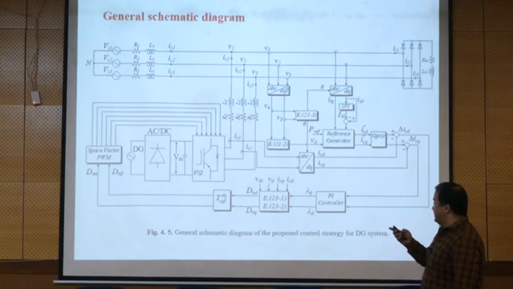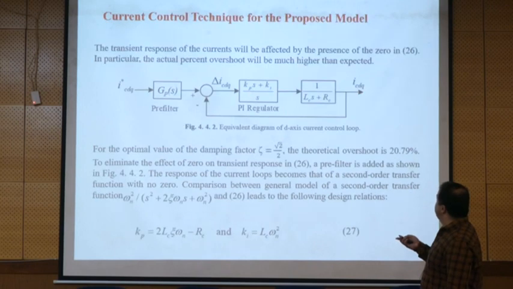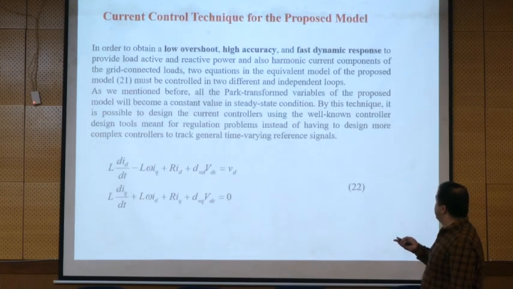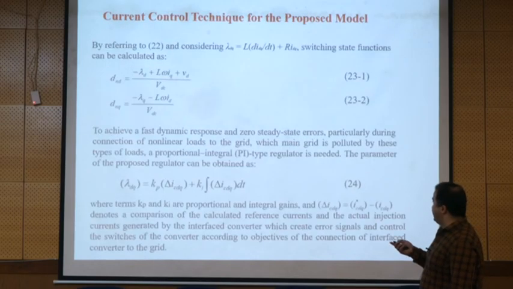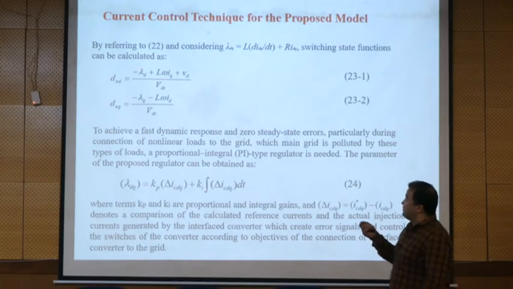and equations 23.1 and 23.2, we had lambda, we had VDC, we had L omega IQ, we had VD, we had minus lambda Q, L omega VDC.